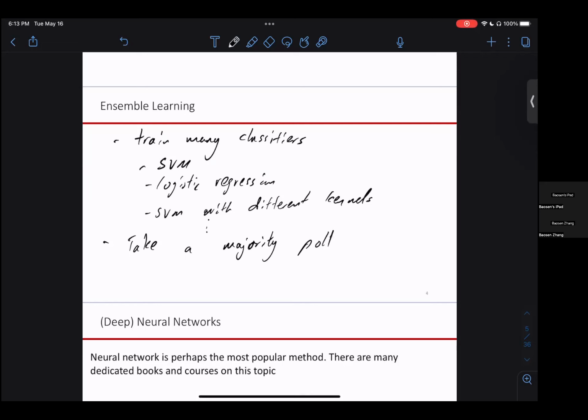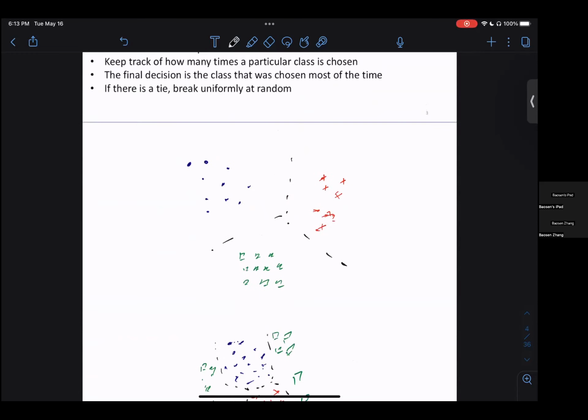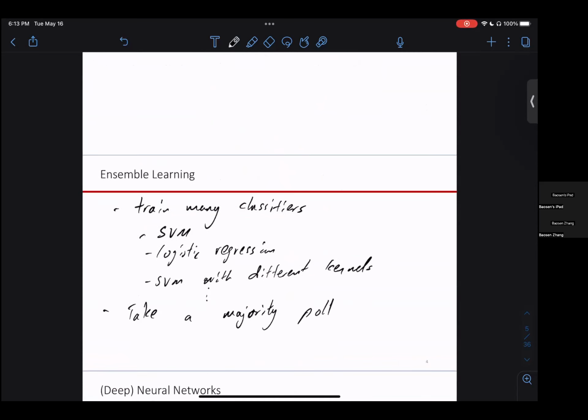Okay, so you can view each classifier as doing maybe not so good a job of separating your data, but with many of them together, they do a better job of separating the data.